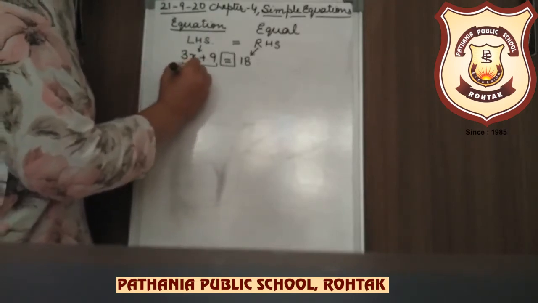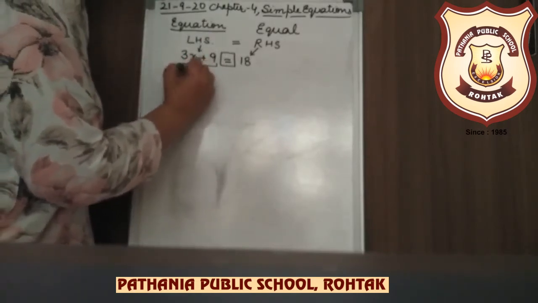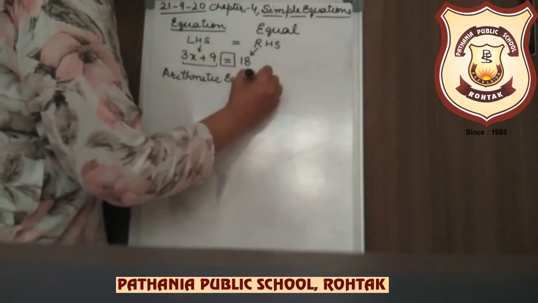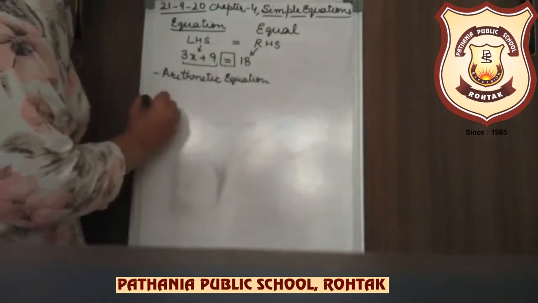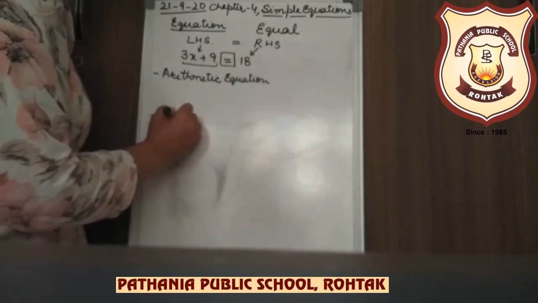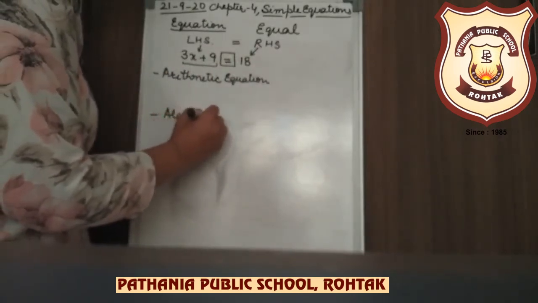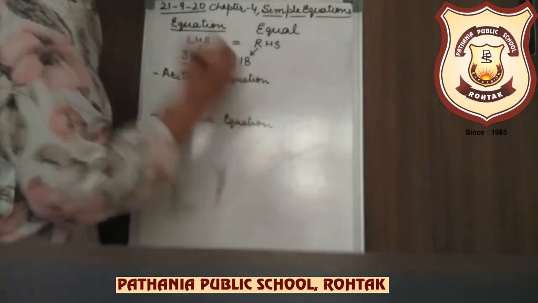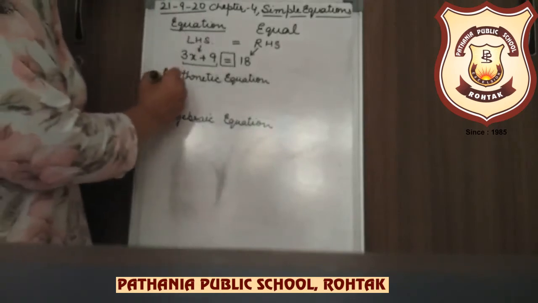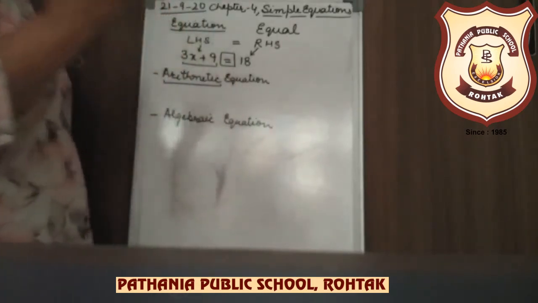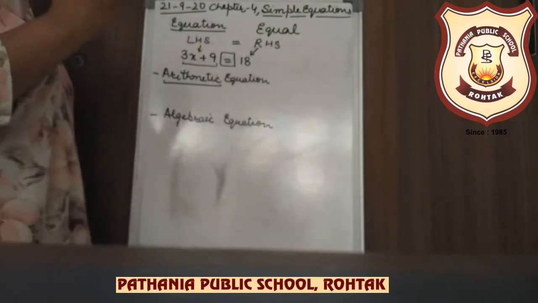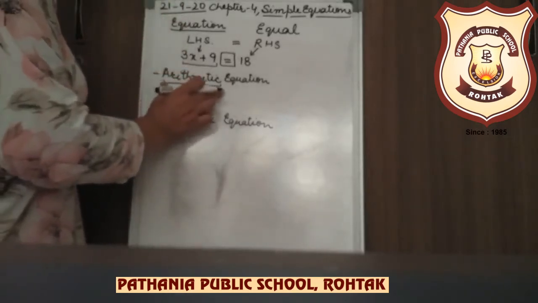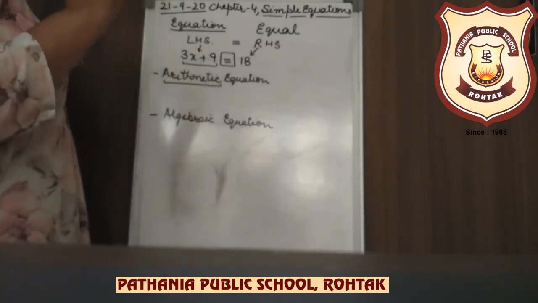One is arithmetic equation and second is algebraic equation. Now in arithmetic, we have done all the integers, fractions, decimals, natural numbers, whole numbers, all those form the arithmetic, means only the constants, the numbers, that we have done.